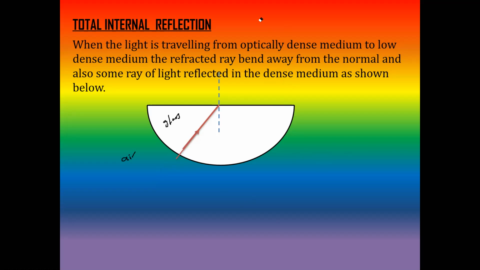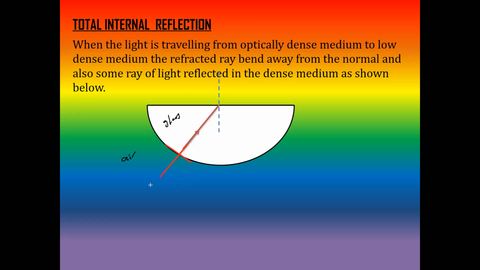Why does it not change the direction? Because the light strikes the surface at the normal, or 90 degrees. What is the normal to this surface? This is a part of the surface, and if I draw the normal to the surface, you can see the light is striking along the normal.